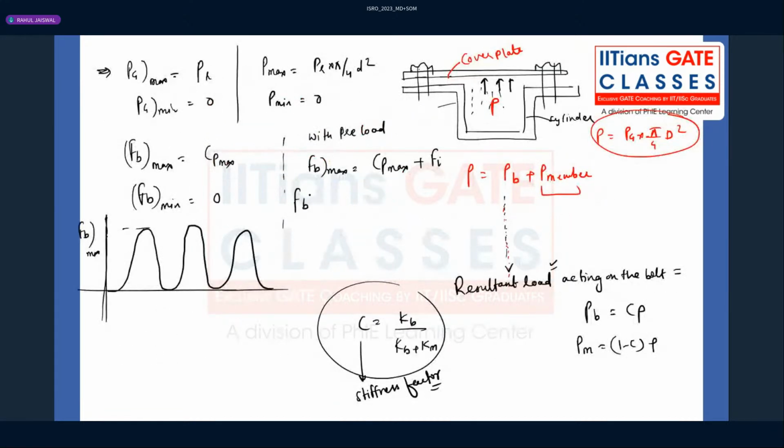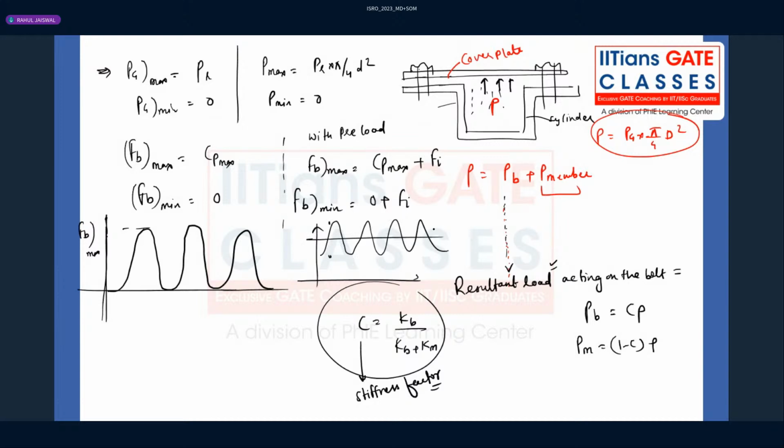What about Fb minimum? CP minimum is 0 plus Fi, that will automatically be acting. So now tell me, what are your fluctuations? The fluctuation will take place between this and this. There is no doubt Fb maximum has gone up, that we got a higher value, but Fb minimum is a lower value. So now it is fluctuating from here to here.